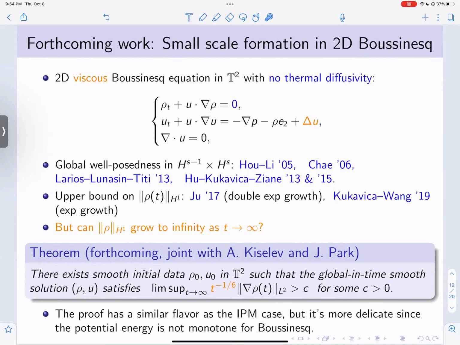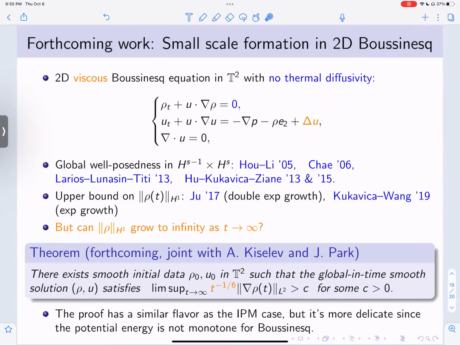Namely, the H1 norm of rho cannot have more than exponential growth. However, to our best knowledge, there has not been any example to show whether the H1 norm of rho can grow to infinity at all as time goes to infinity. So together with Sasha and Jaemin, we tried to use a similar strategy, although it's a lot more involved here because the potential energy is no longer monotone.